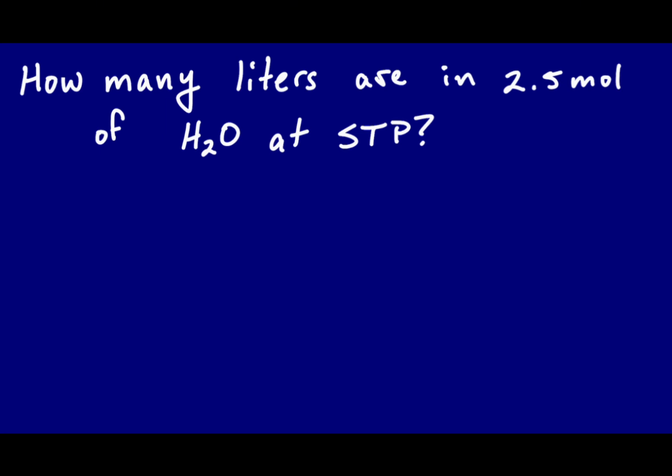So we are able to use molar volume to perform this conversion. We have the given value, 2.5 moles of H2O, and our wanted value is going to be the liters of H2O. One fraction for the given value, one fraction for our converting factor of molar volume, so that means we need 2 fractions for our dimensional analysis.